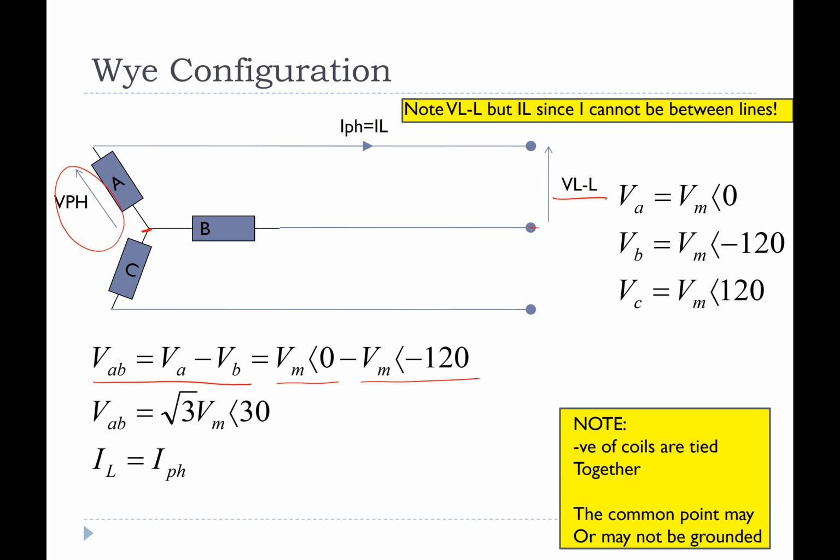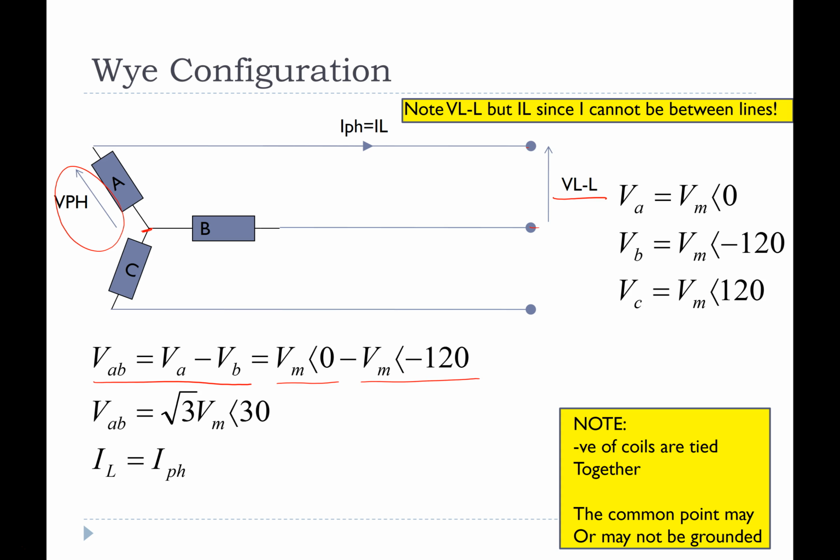So that is what we have here, √3 Vm angle 30, and this is 30 degrees more than A. If we went from B to C, it would be 30 degrees ahead of B, and if we went from C to A, it would be 30 degrees ahead of C. So this 30-degree shift is relative to the voltage at the first subscript.